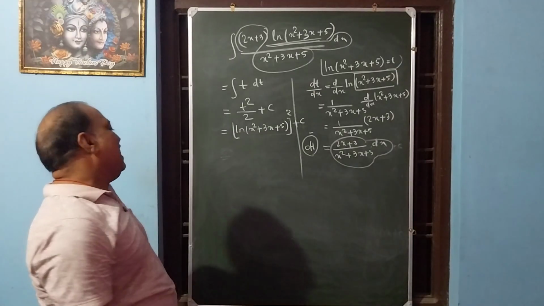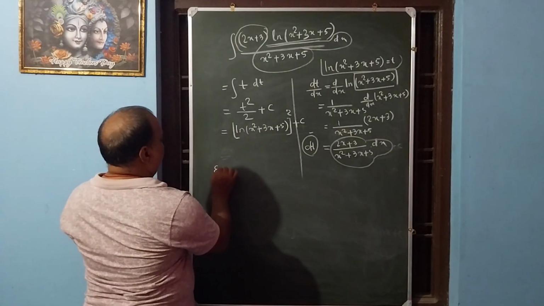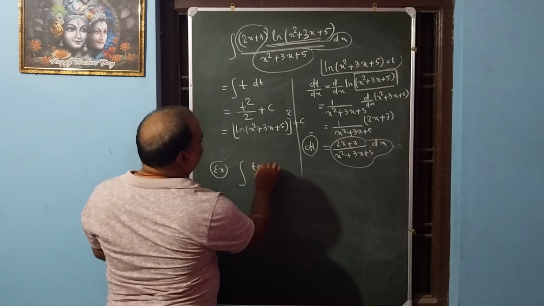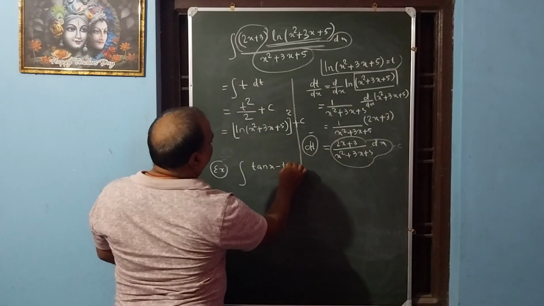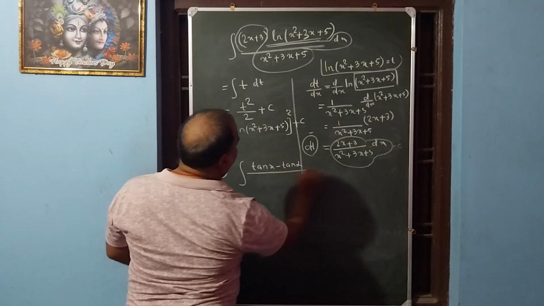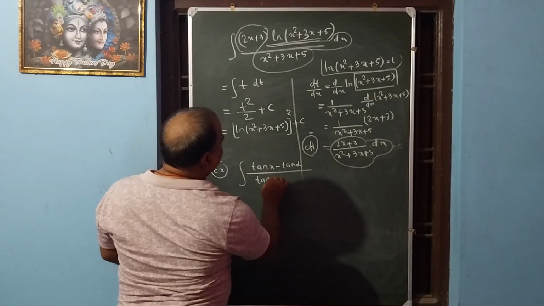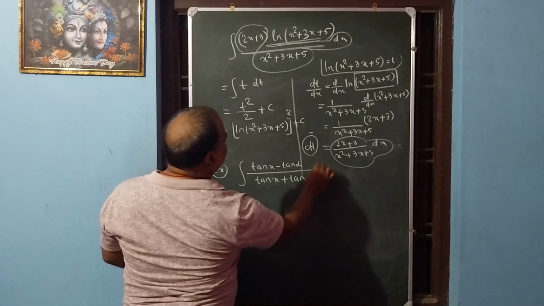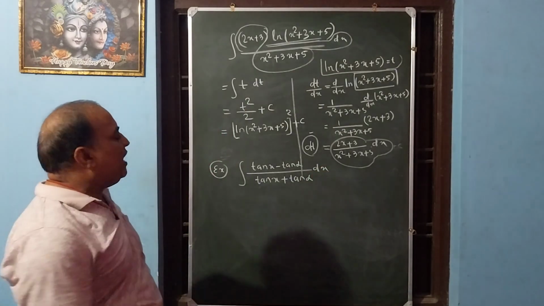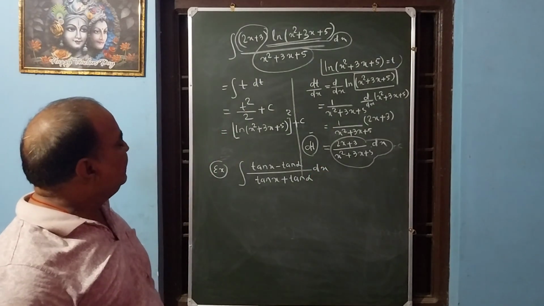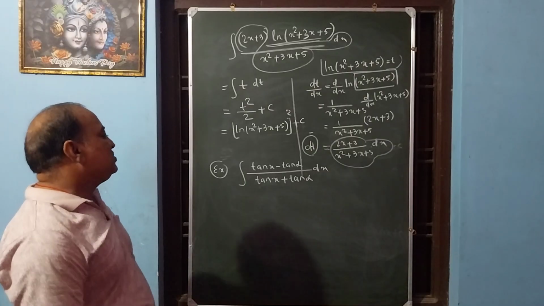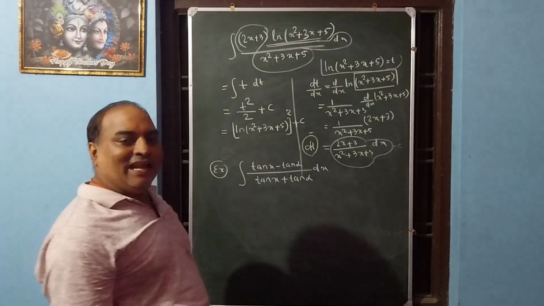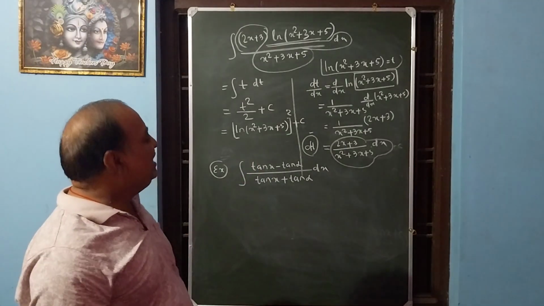Let us take another example. Integration of tan x minus tan alpha divided by tan x plus tan alpha dx. This is a very important problem for examinations. First of all, you have to split tan x as sin x by cos x.